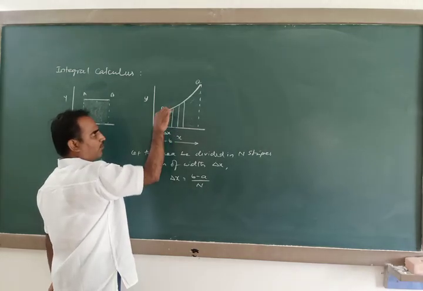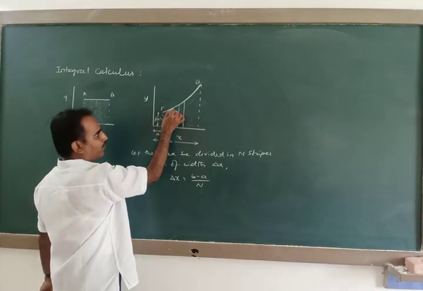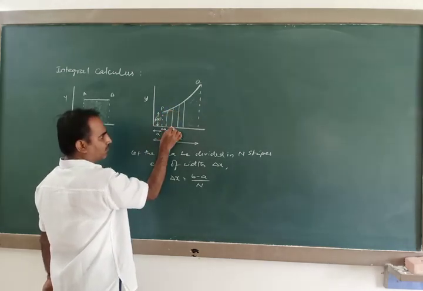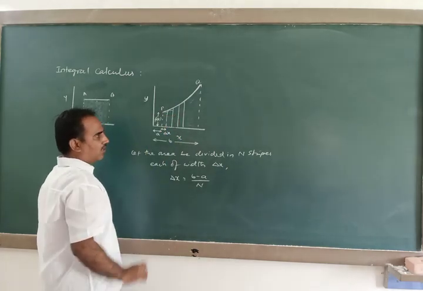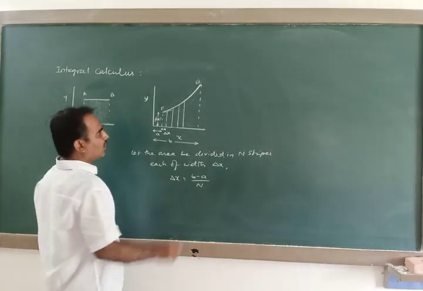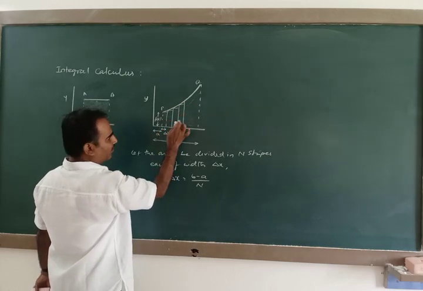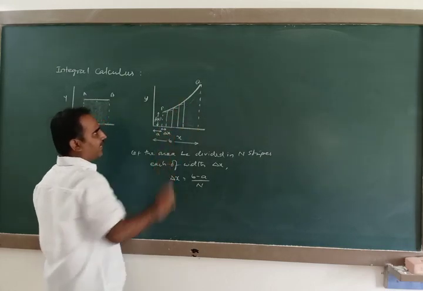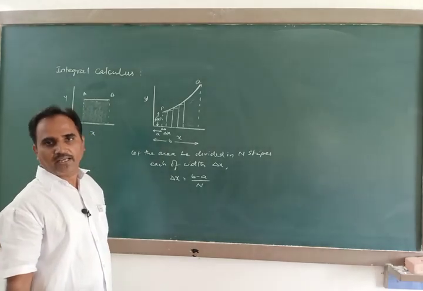So the corresponding height will become f of (a plus delta x), and this will become delta x. So the area of the second strip is f(a plus delta x) into delta x. So like that you find area of each strip and you make a summation of all these areas, you will get area under the graph, nearly area under the graph.